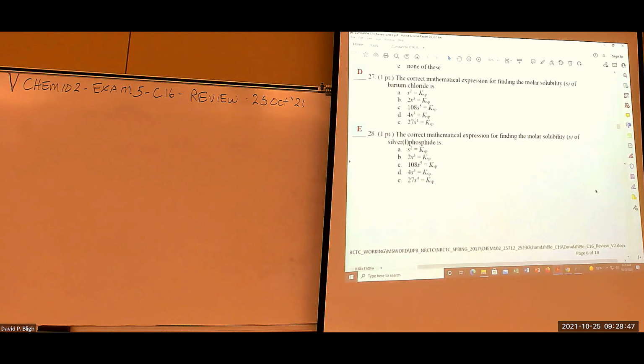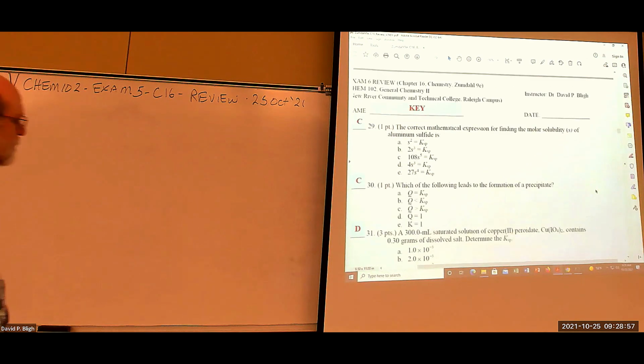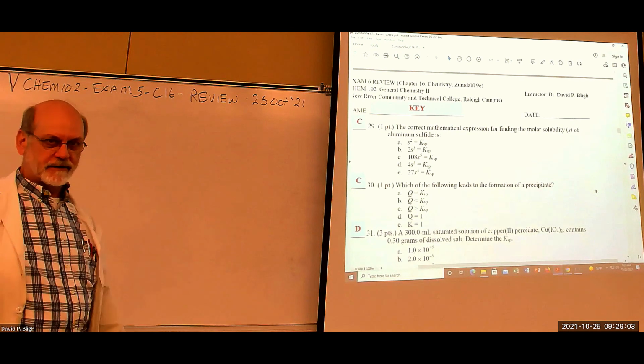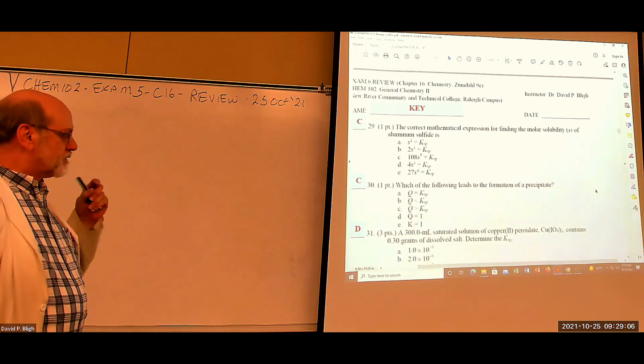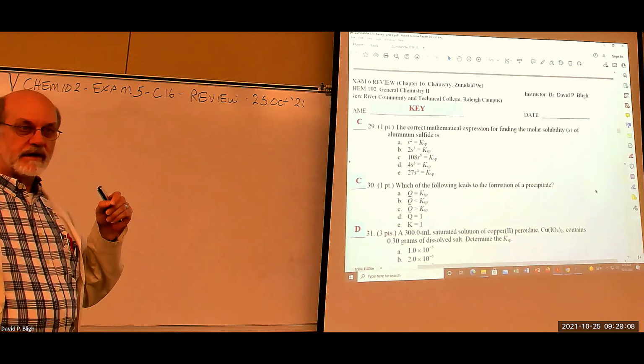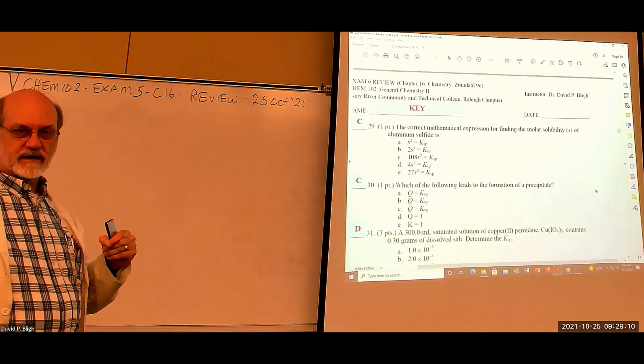Okay, 30. 30, 27. Yeah, 30. There it is. Which of the following leads to the formation of precipitate? All right, this is just memorized. If the Q is greater than the KSP, you will get a precipitate.